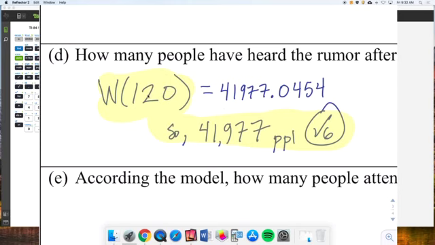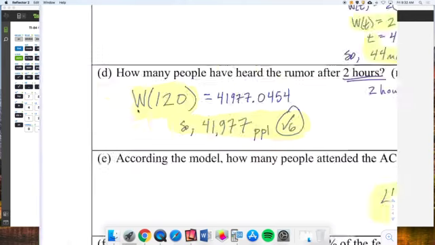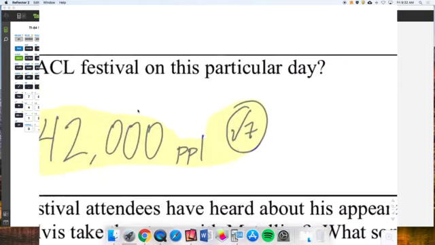Some people put W of 2, and then they had 41,977, which is interesting. That would still be wrong because this wasn't 120. So maybe you figured out what you did wrong, but you didn't change it on the other end. Oh, yeah, and you should have changed this. That's all.